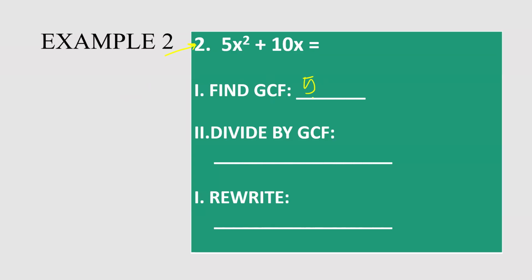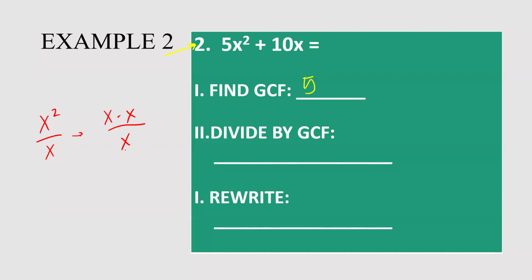When you're looking at variables, you're looking at what is your smallest variable power. The reason being, if I have x squared and I have x, what this becomes is an x times an x over an x.